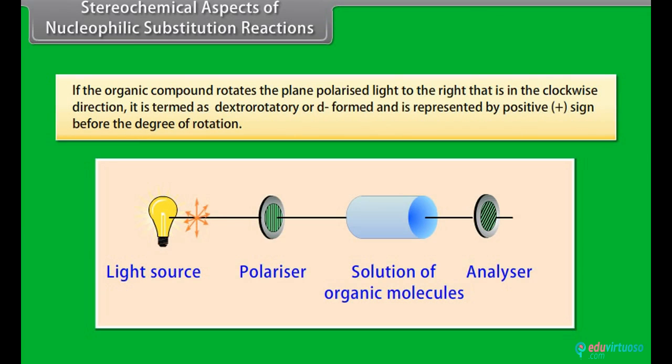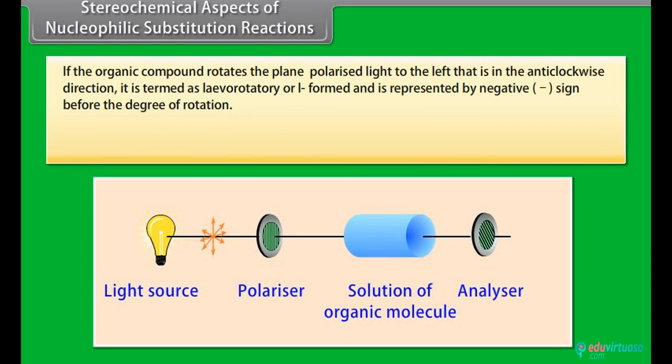If the organic compound rotates the plane polarized light to the right, that is, in the clockwise direction, it is termed as dextrorotatory or d-form and is represented by positive sign before the degree of rotation.